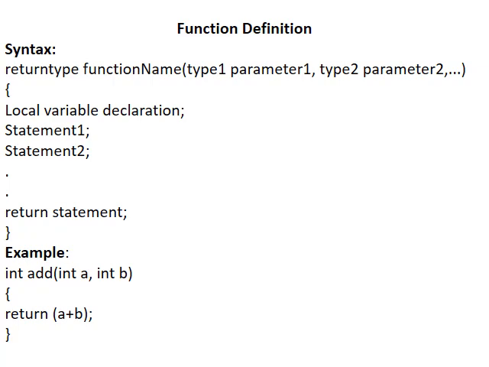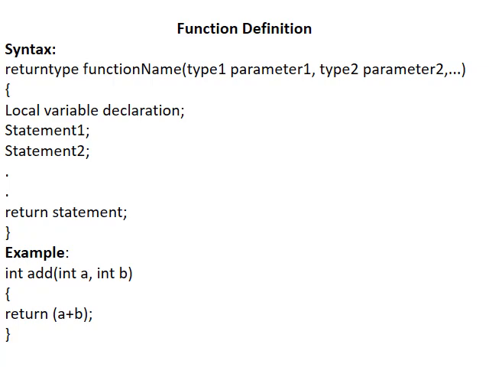Same example I have taken here. This function takes two inputs and then performs the addition of the given inputs. For example, I have given here int add. Add is the name of the function. Now int means the value returned is of integer type. Then int a comma int b. So int a and int b are the two arguments it accepts.